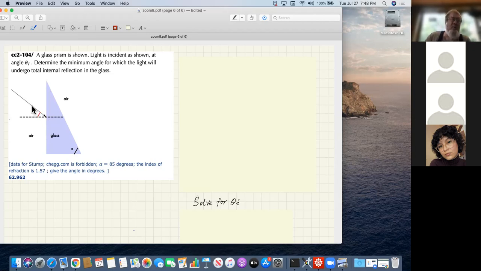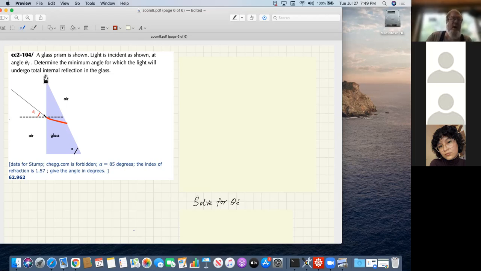Now, as it comes into the glass, it will be bent towards the normal by refraction. So this ray of light will come off in this direction. And there'll be another angle here. And then when it hits this other side, there'll be reflection and refraction.